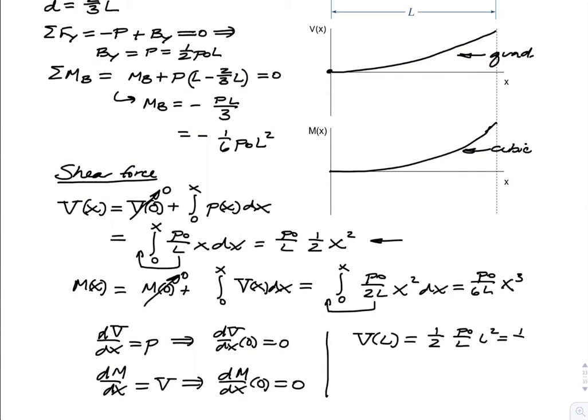So this is going to be 1/2 P naught L. And the bending moment on the right hand side is going to be equal to 1/6 P naught times L squared. And that's exactly what we got here. We said that By, our reaction at the right side, was 1/2 P naught times L.